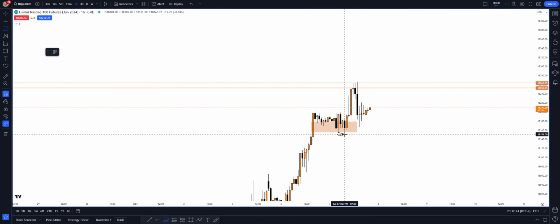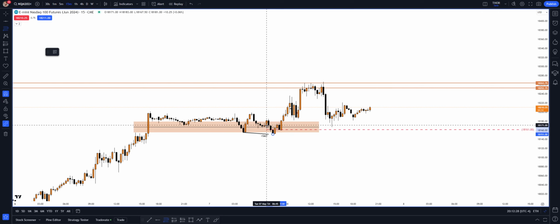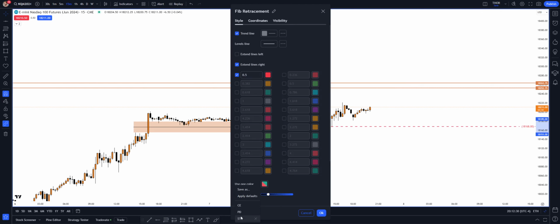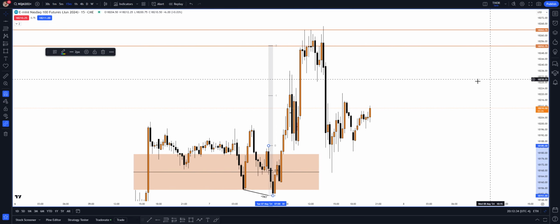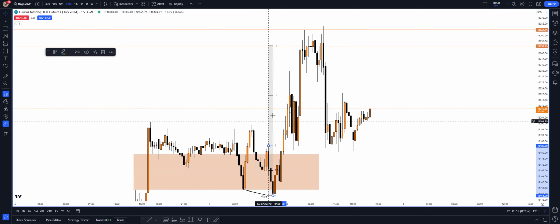Oh, also I forgot to mention, so let me go on the 15-minute. The last manipulation, you can also look at the standard deviation of that level, which is -2. -2 was delivered.